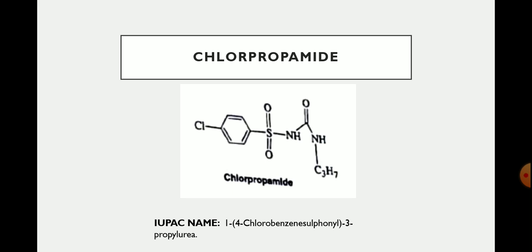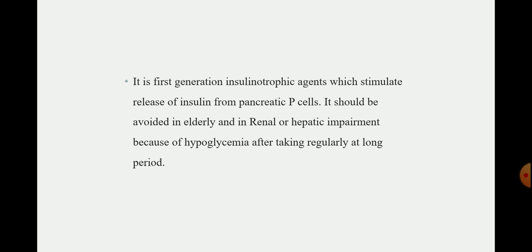The next drug of the sulfonyl urea category is chlorpropamide. This is the structure of chlorpropamide. It is a first generation insulinotropic agent which stimulates release of insulin from the pancreatic beta cell.